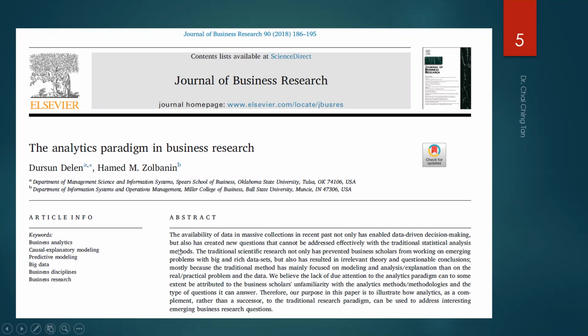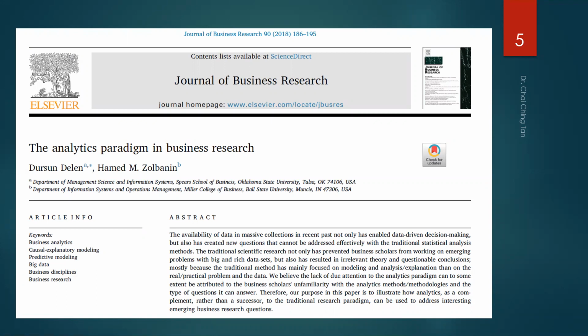And then they start to stress it again. The traditional scientific research not only has prevented business scholars from working on emerging problems because of this limitation, right? So research scholars like you and me are not able to solve some of the problems that have big data.